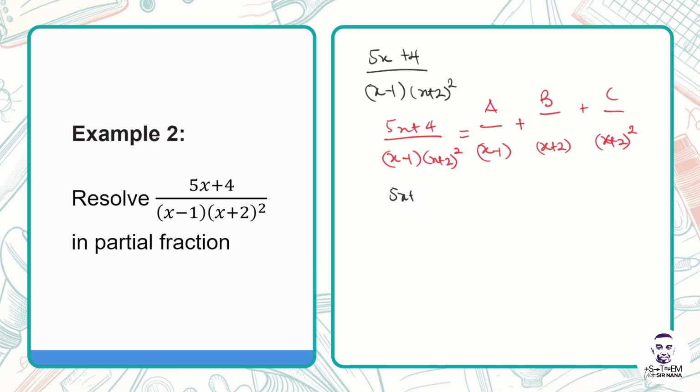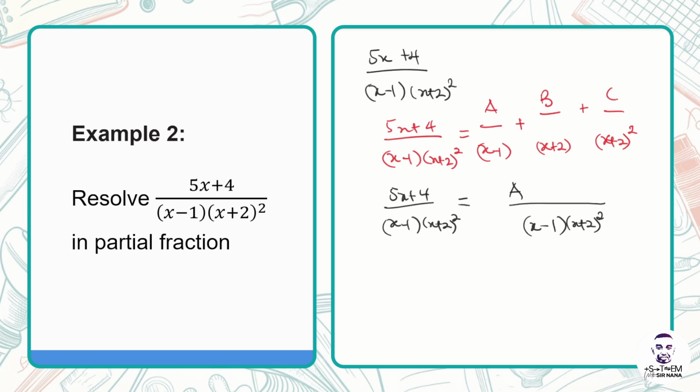The LCM would be (x - 1)(x + 2)², because x + 2 goes into (x + 2)².